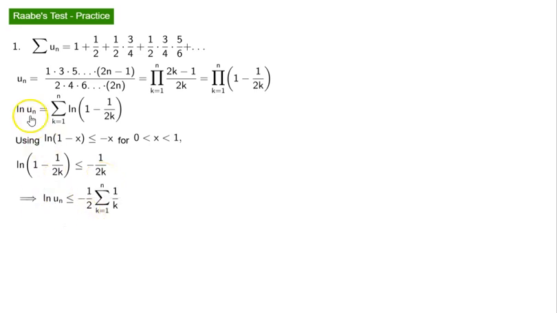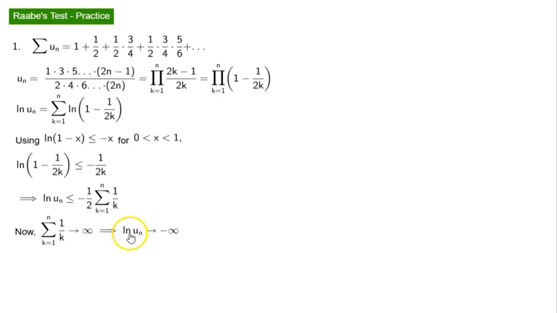Which means natural log of u sub n is less than or equal to minus 1 by 2 times the harmonic series. Now, we know that the harmonic series goes to infinity as n goes to infinity. That means it diverges, which implies natural log of u sub n, because of this minus, goes to minus infinity.